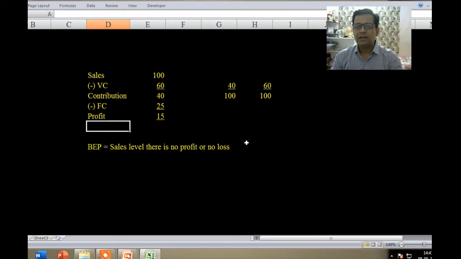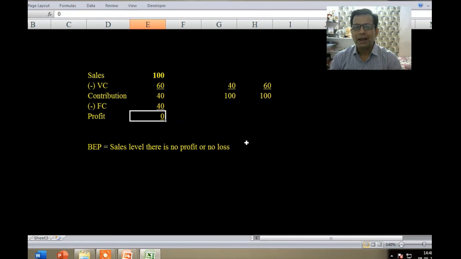Let's continue with this example. Imagine a situation where my fixed cost was 40, then what would be my profit? 0. Which means this 100 rupees, what we are seeing here, becomes my break-even point. Any point of sales where my profit is 0 is called my break-even sales.